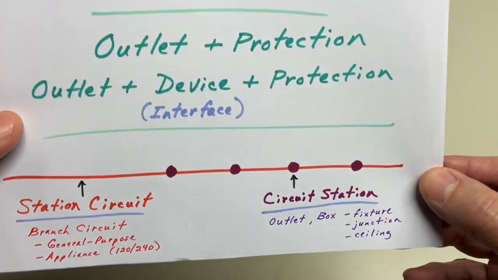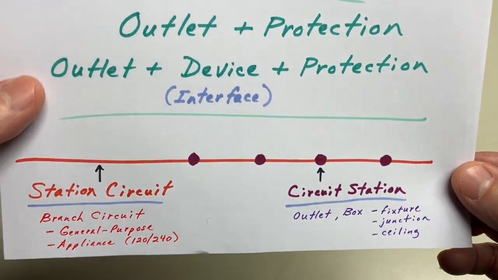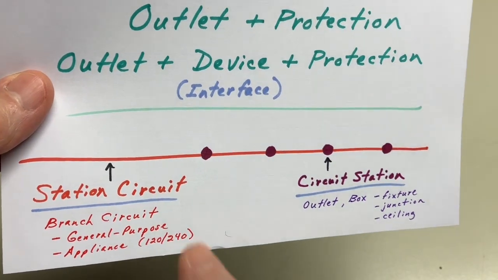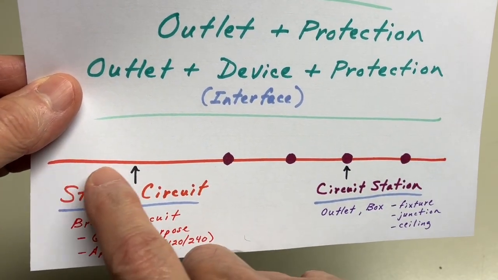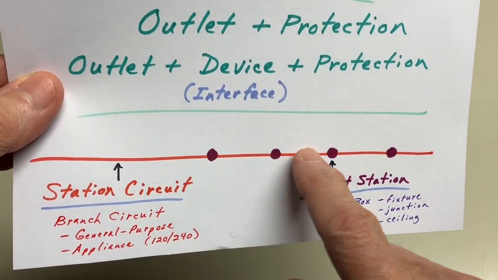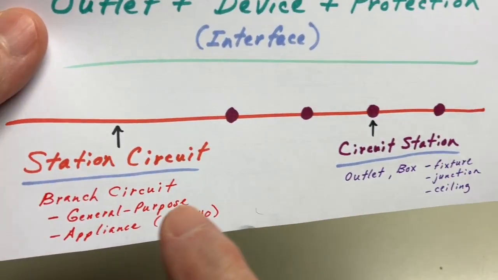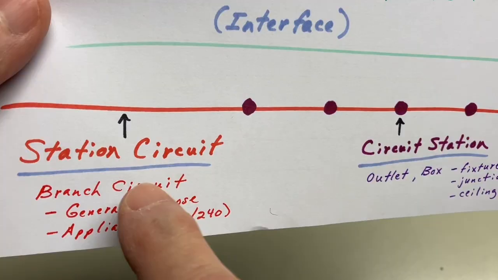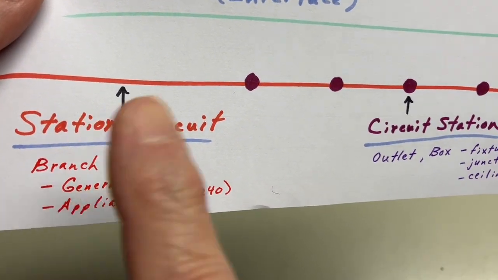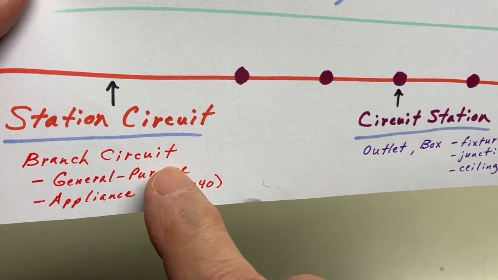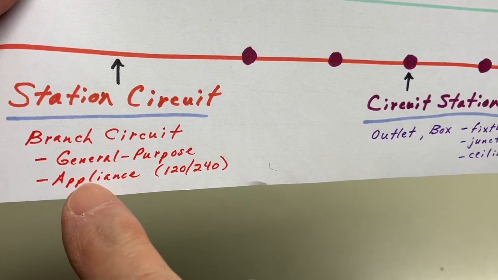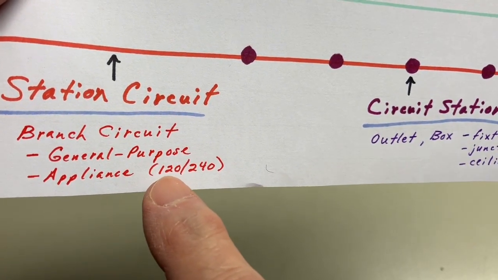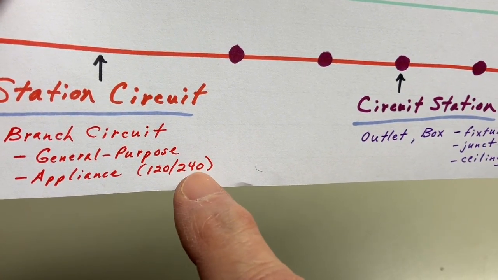Now here's a real simple drawing which shows my concept. Here's the station circuit. That's the circuit that nowadays in contemporary terms would be called a branch circuit. And the branch circuits can be, roughly speaking, general purpose or appliance circuits, and that could be for a 120 volt or a 240 volt appliance.